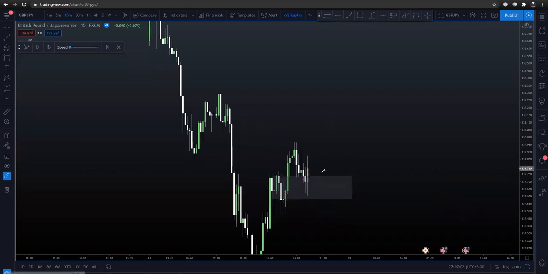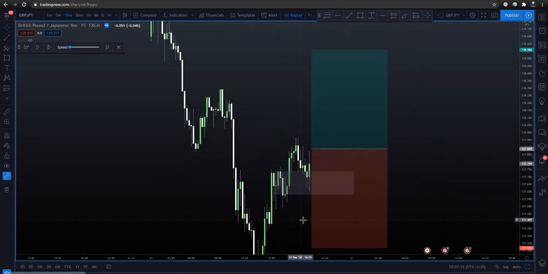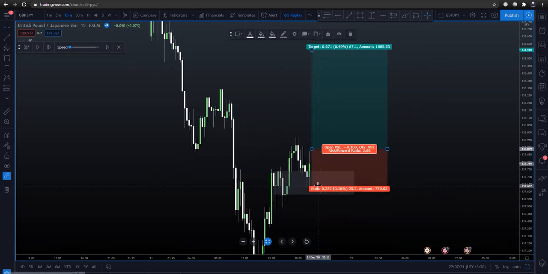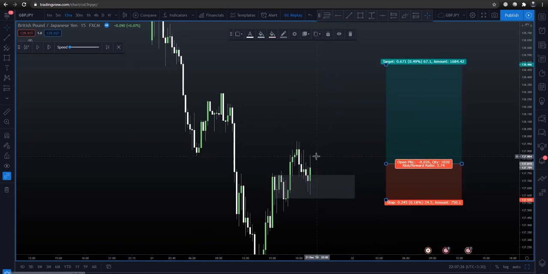So for a sell, that could be my plan. For a buy, if I see this type of movement, that will be my plan. That's it. If I wanted to enter the market, the buy could be around that area, or after that. Do you see how many pips that is?